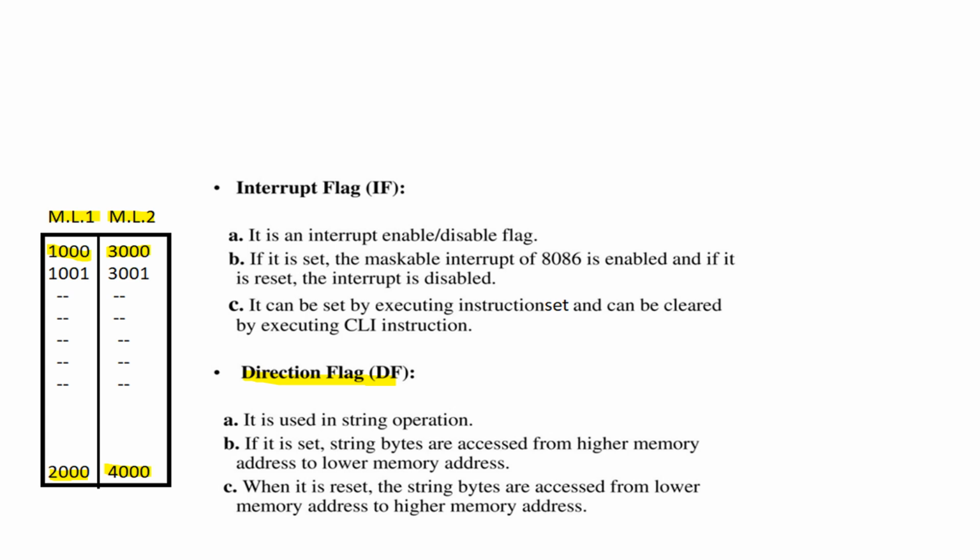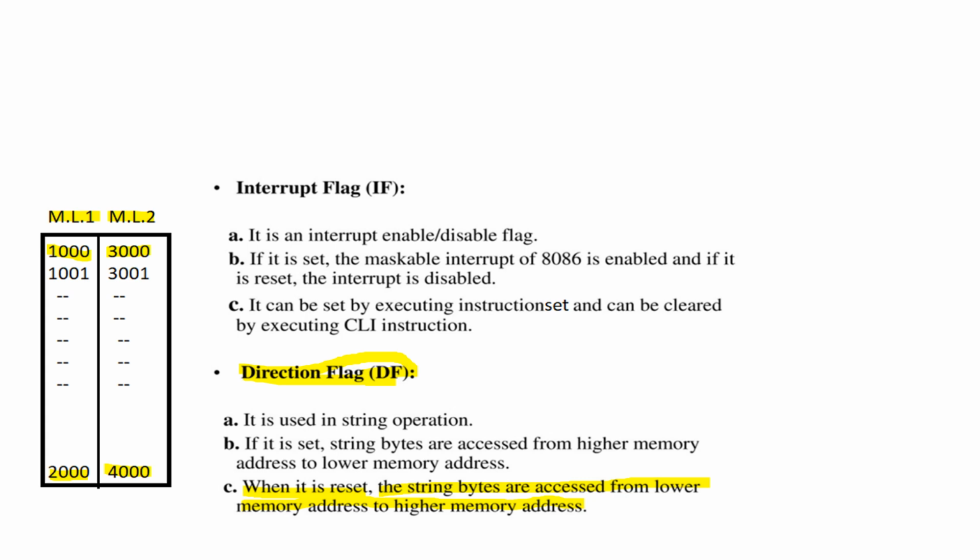For this purpose, the direction flag should be 0, which is why it is mentioned in point C. When it is reset, the string bytes are accessed from lower memory address to higher memory address, meaning 1000 to 2000 and 3000 to 4000.